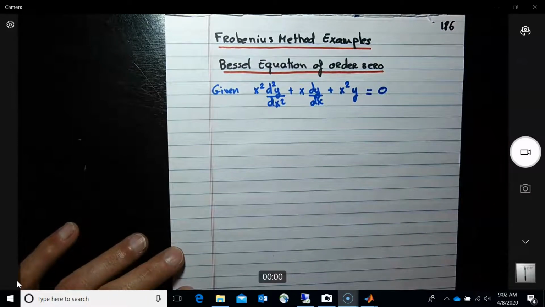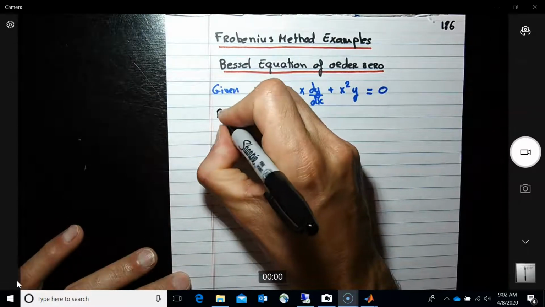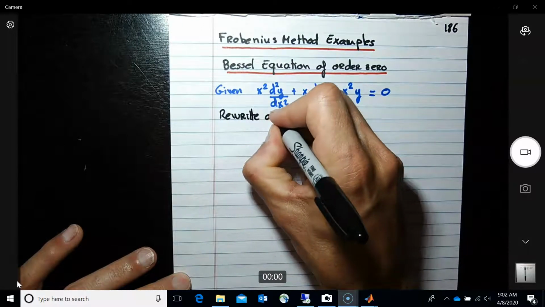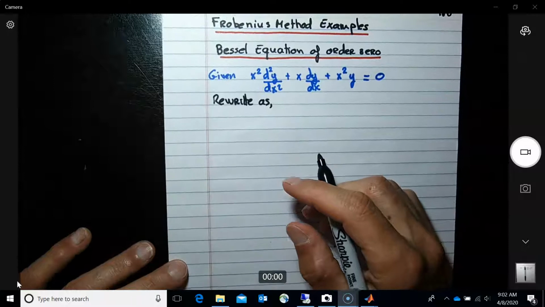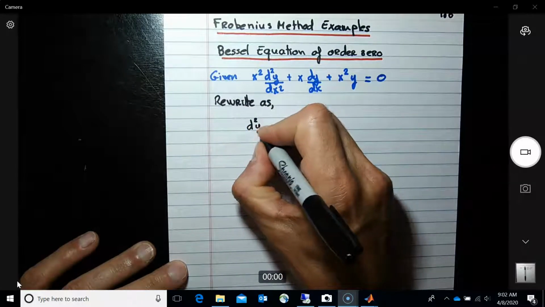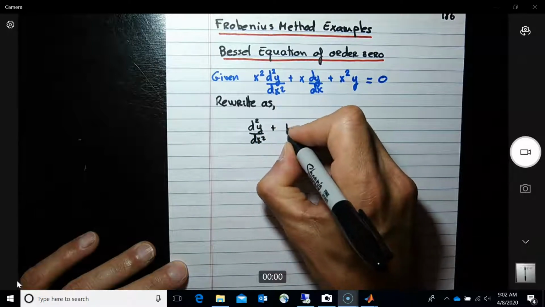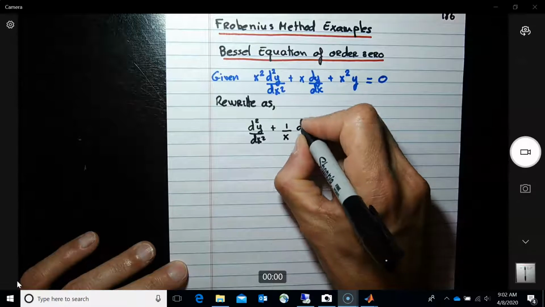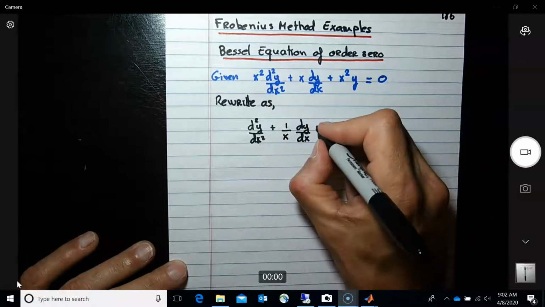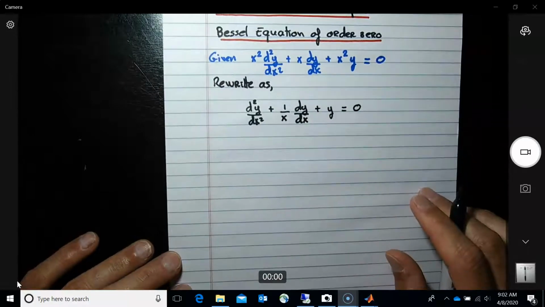Okay, so we can rewrite this equation as the general form of an ODE, that would be d squared y dx squared plus 1 over x dy dx, basically I'm just dividing by x squared, plus y equal to 0.